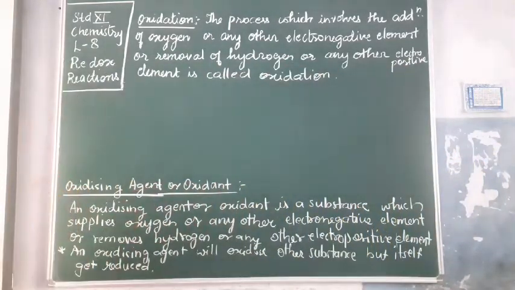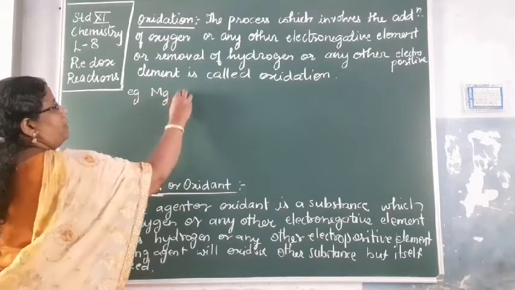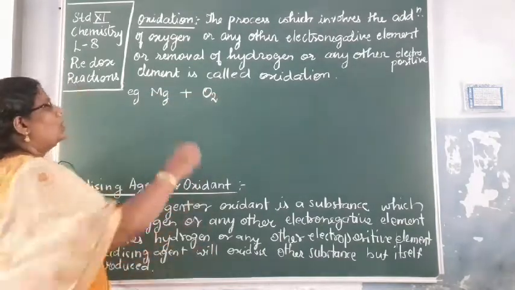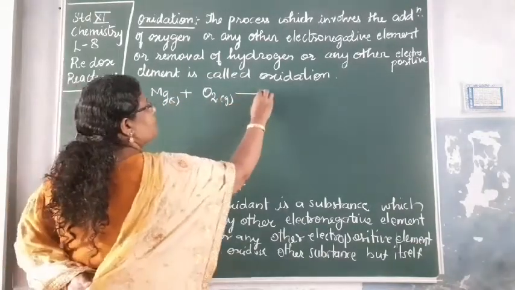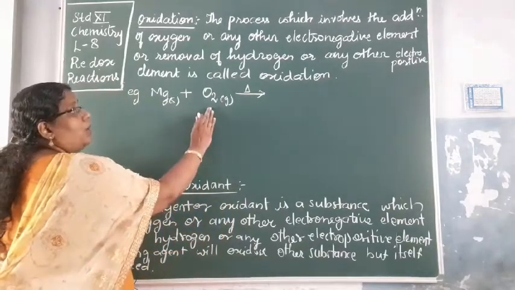ठीक है, एग्जाम्पल लेके समझते हैं. See, Mg, when you are adding O2 to it or you are burning magnesium in presence of oxygen, what is the product you are obtaining? So, here what are you doing?